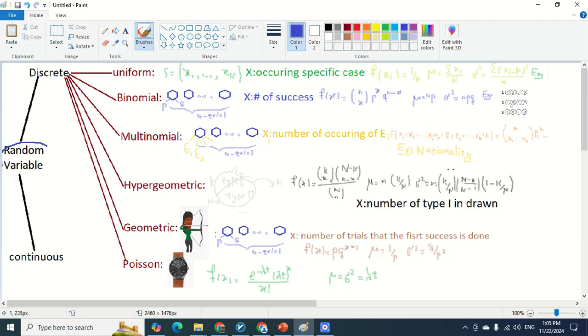A random variable could be considered discrete, or it could be considered continuous, and the probability distribution function for each of them is different. When we have a discrete random variable, the cases are finite or countably infinite, like a geometric distribution where we have infinite cases, like a Poisson distribution where we have infinite cases.